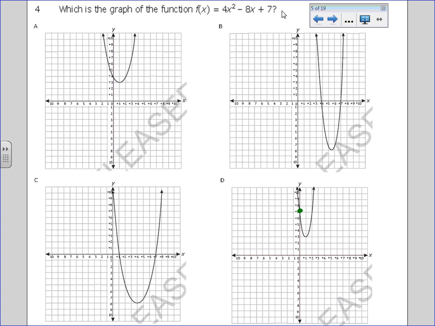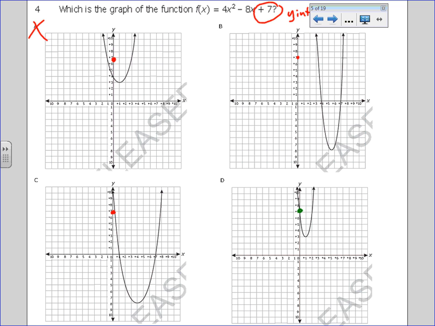Okay, for 4, it says which graph of the function. So all of them are quadratic functions and they all open up. The first thing I need to do is see where they've all crossed the y-axis. Why? Because they're telling me the y-intercept is 7. This does not touch it at 7. That's not it.